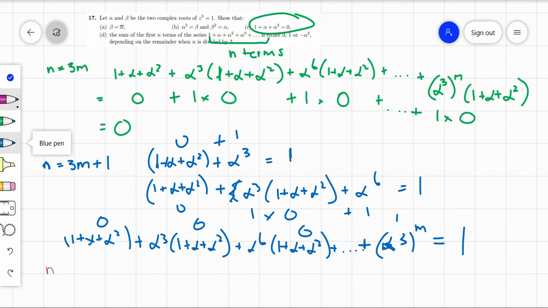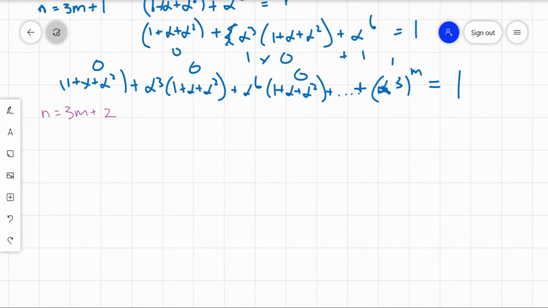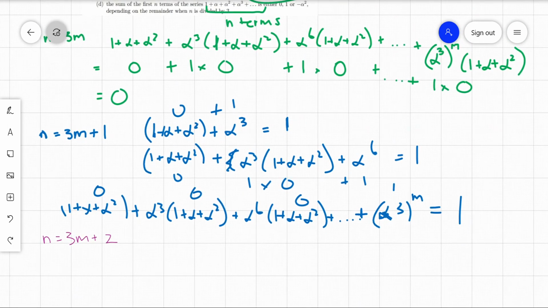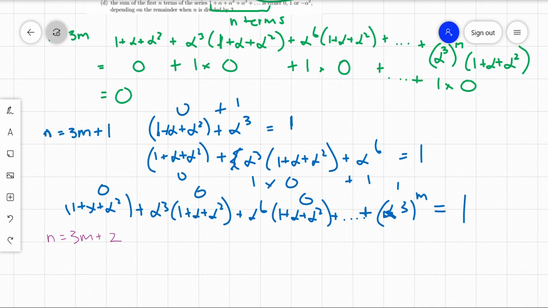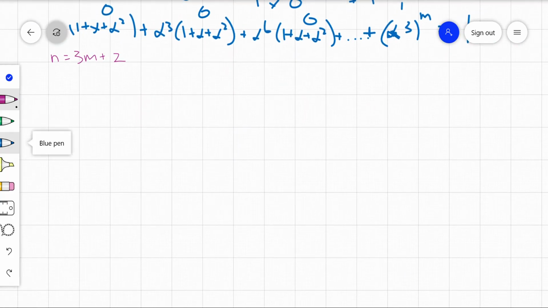So let's make our n be 3m plus 2. So far, think about it, if we've no remainder, we add them all up, we get 0. If there's one remainder, we get 1. And now we've got n equals 3m plus 2.